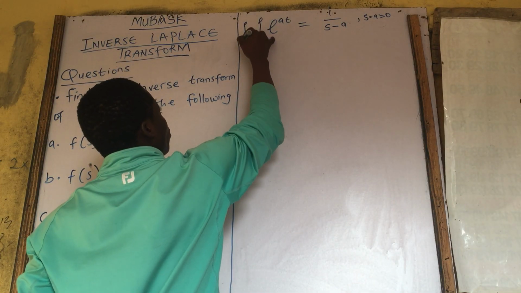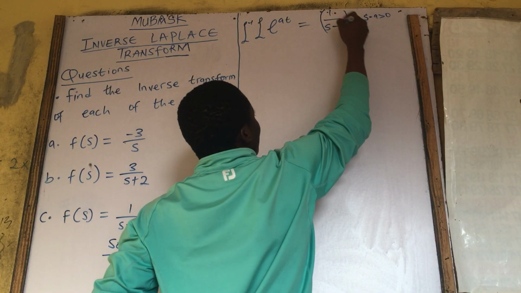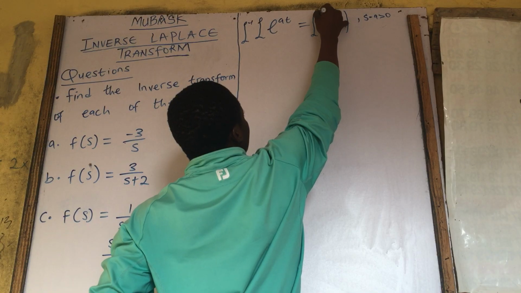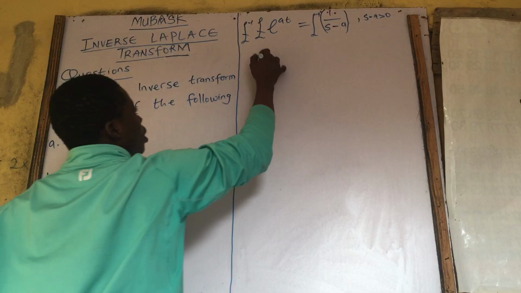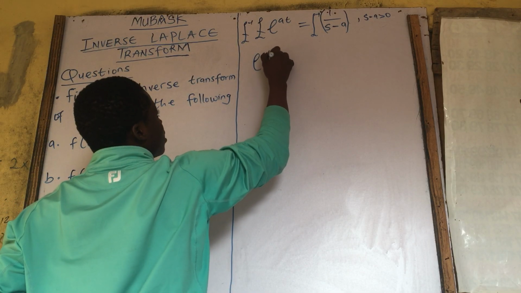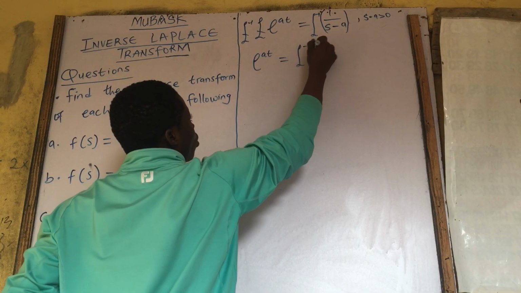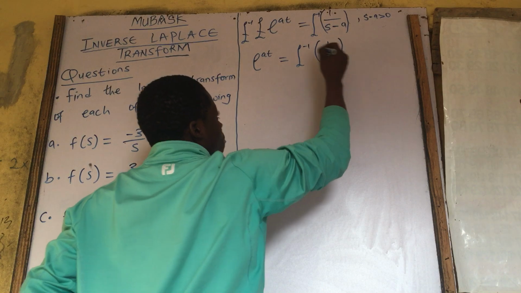Laplace cancels Laplace, and we remain with exponential at equal to the inverse Laplace of 1 divided by x minus a.